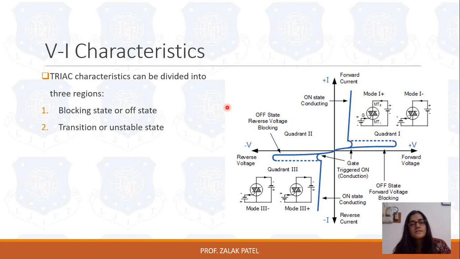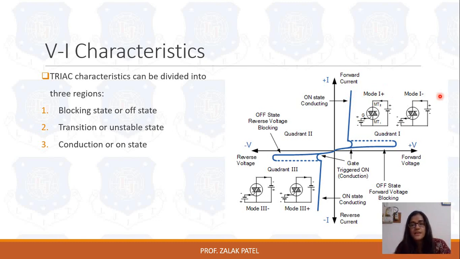In this state, the reverse breakdown voltage is comparatively higher. Because of that, it is in an unstable state. Now the main part of the TRIAC is this, the conduction or the on state. Here the third state is divided into 4 modes: mode 1 plus, mode 1 minus, mode 3 plus and mode 3 minus.